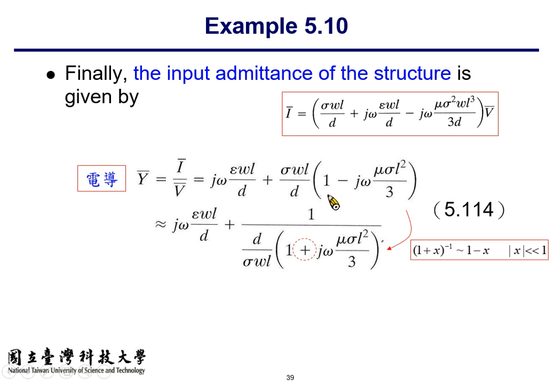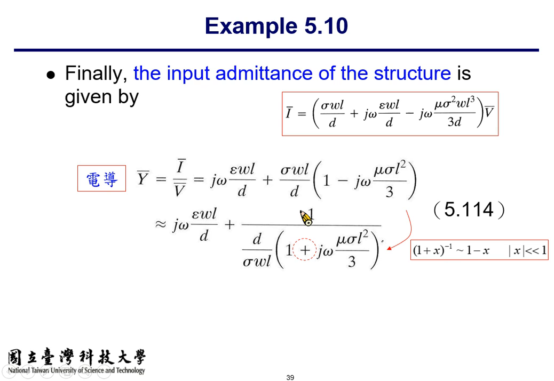You can understand why we do the following for the second and the third term. This term is moved here. It's sigma WL over D, so it's actually the conductance of the structure. You see? This is the conductance of the structure.